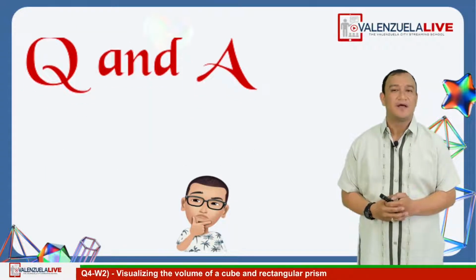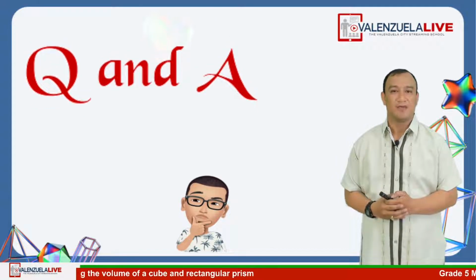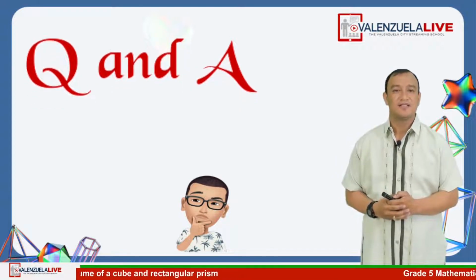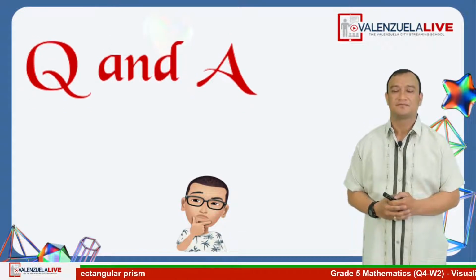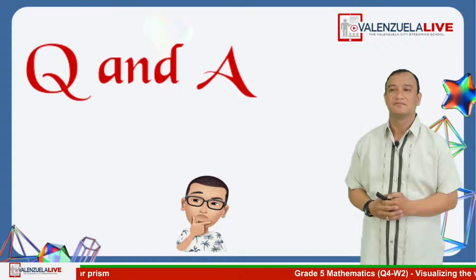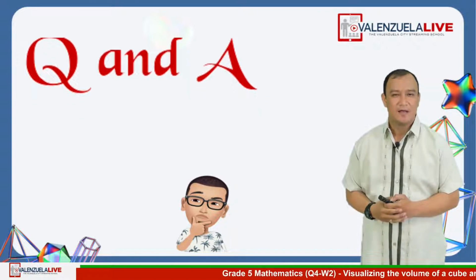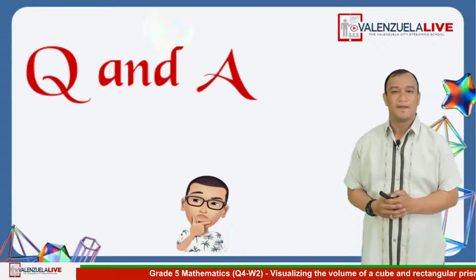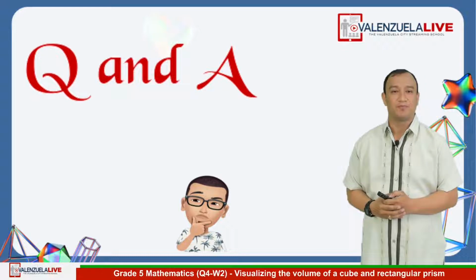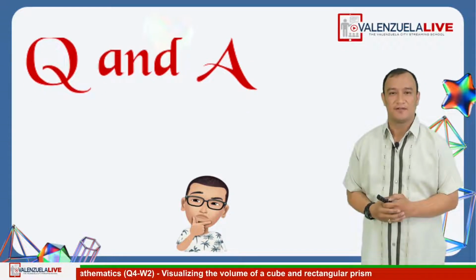This time, let us go to our question and answer portion. If you have questions, just type it in the comment box. Okay, for our question, coming from Paltok Elementary School, what if the dimensions of a prism have different units of measurement?